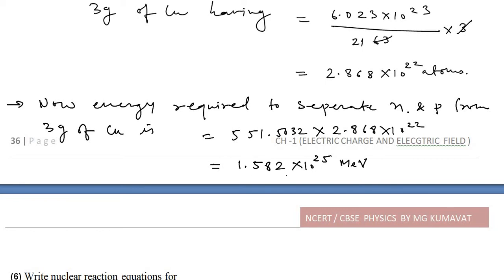So dear students, this much energy is required to separate all neutrons and protons in 3 grams of copper.